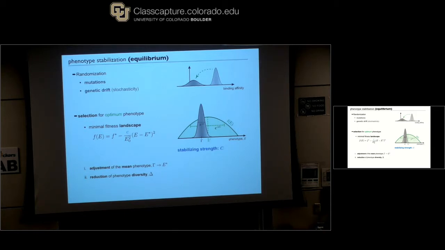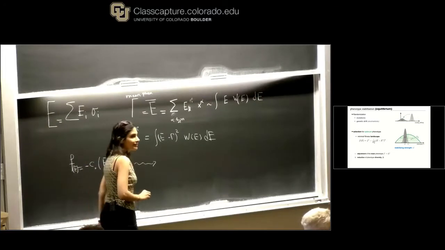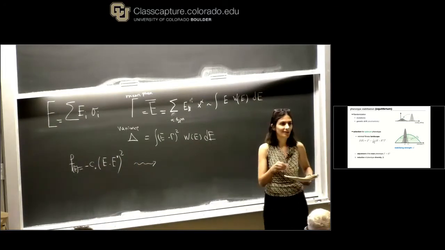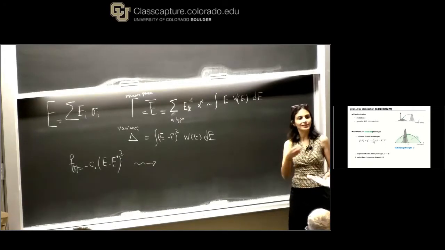So the fitness in this case, F as a function of the energy, would be minus some constant times E minus E star squared. So a quadratic fitness landscape. Now, what's the average fitness in a population? We write the average fitness because we know how to take derivatives to couple them to the covariance matrix and solve things.